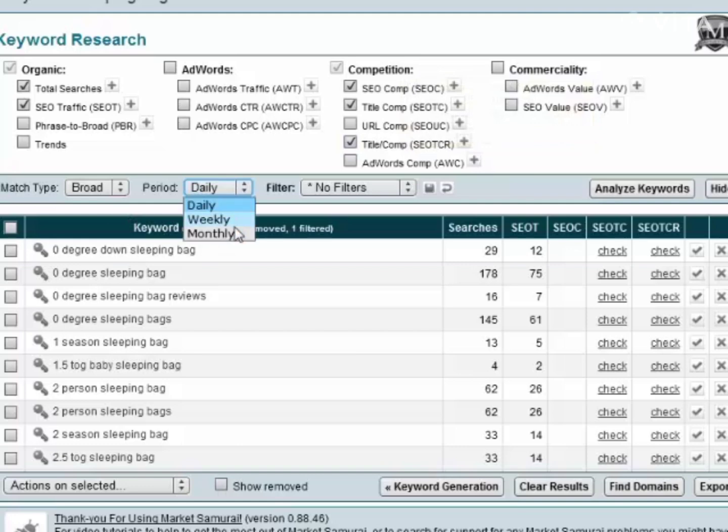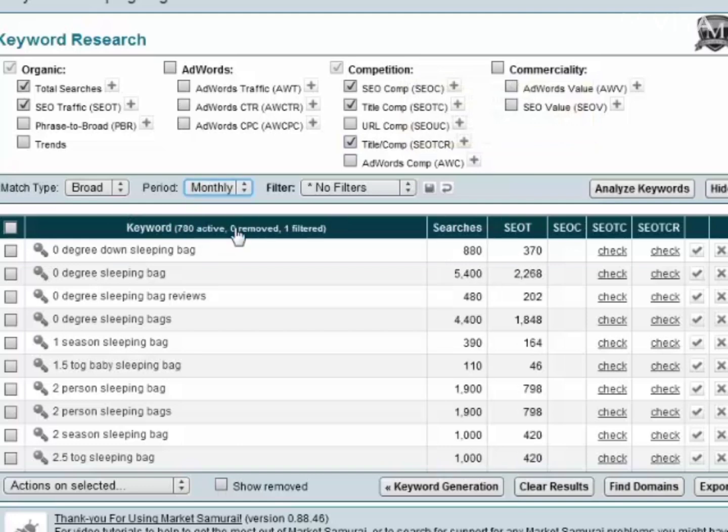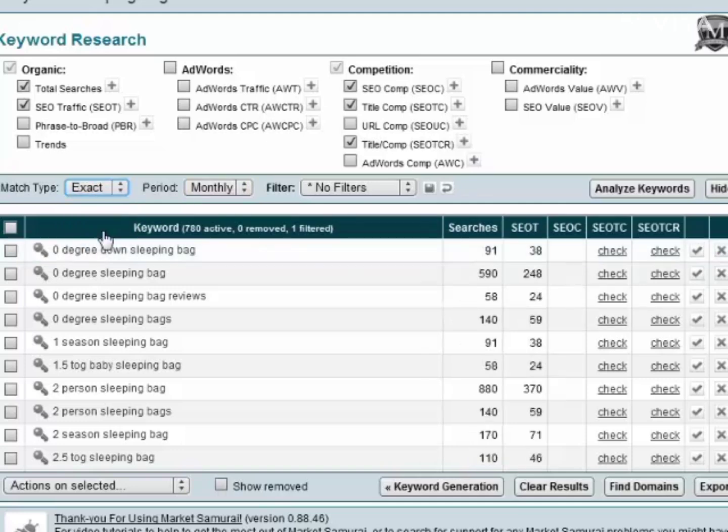One other thing, I like to do monthly, so I have a good idea of how much traffic that keyword will get per month. And then we also don't want broad because broad will bring you back inflated results. So you want to do phrase or exact. I'll usually do exact because that's going to give me the lowest possible number. So I don't want to overestimate how much traffic I could be getting.